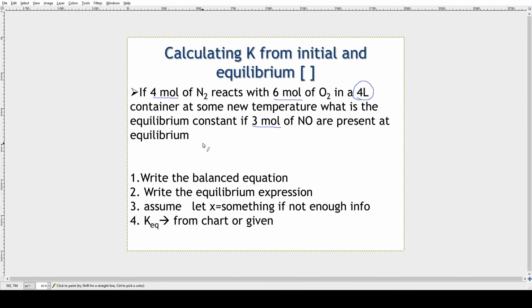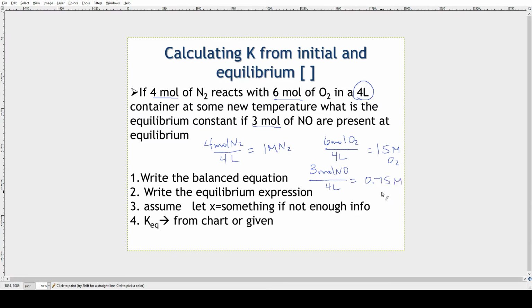So I will say, all right, if I have 4 moles of N2 in 4 liters of solution, this is 1 molarity N2. And then I have 6 moles of O2 in still 4 liters. That's 1.5 molarity O2. And then 3 moles of NO in 4 liters, 0.75 molarity NO.